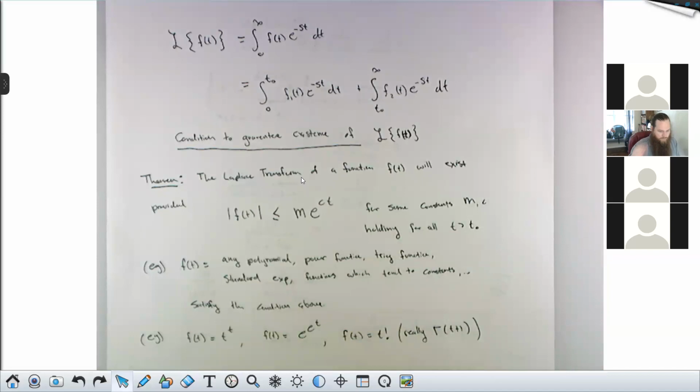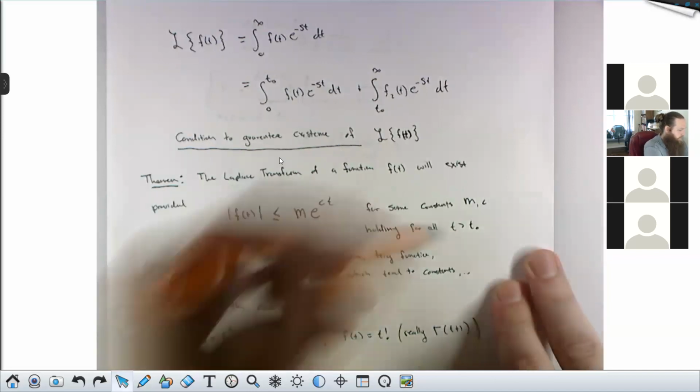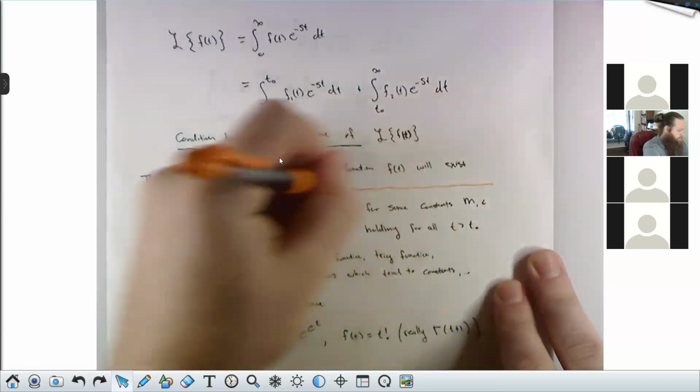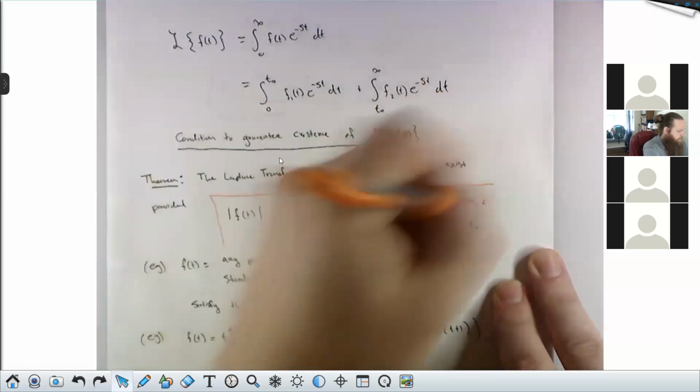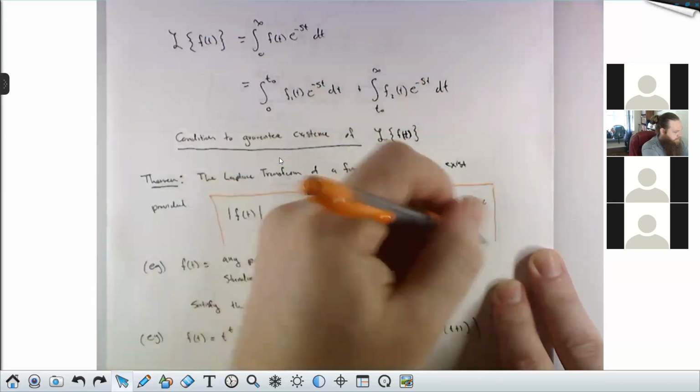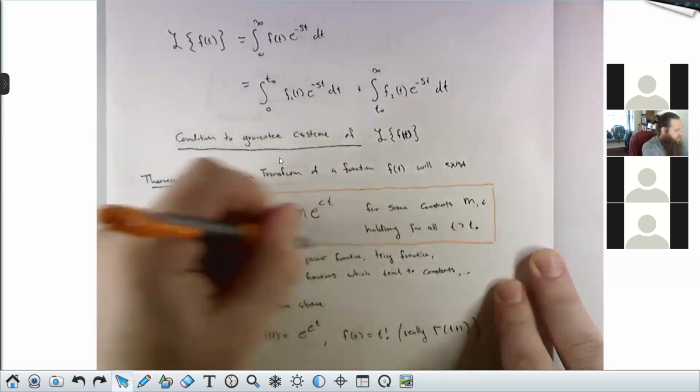But the good news is solutions to linear constant coefficient ODEs generally are of exponential type. We generally can assume that the Laplace transform of those solution functions will exist, and therefore we are safe to say take the Laplace transform of those, even though we don't know explicitly what it is. So this is your growth condition. And it's called being of exponential type or exponential order.